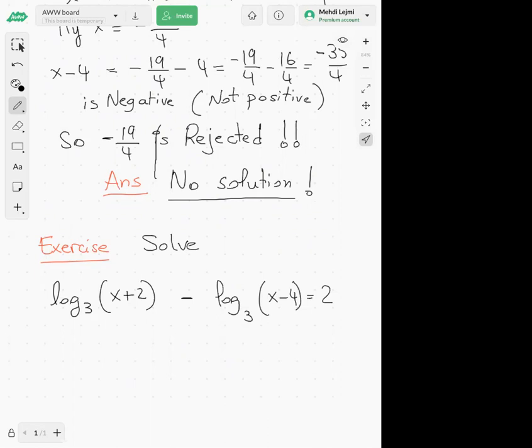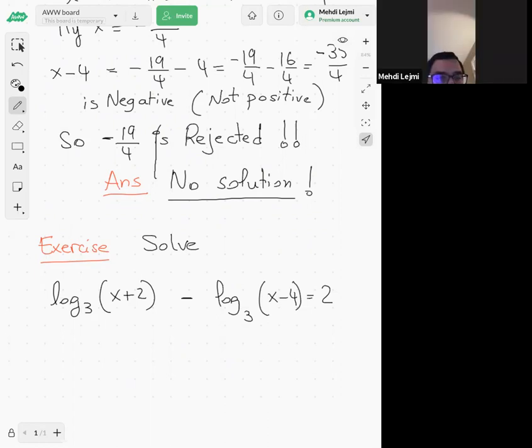Crystal, you're saying x would be 10. Malik, you got 19 over 4. I'm not sure actually, because I didn't solve the problem. I have to solve the problem first. I don't know the answer. But let's see. I think 10 would make sense.